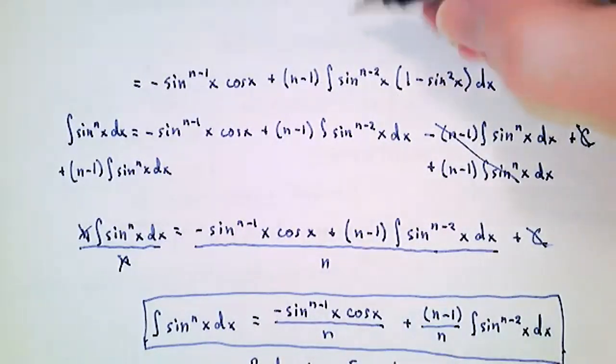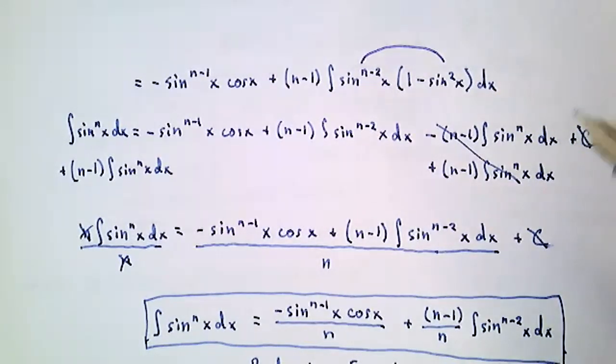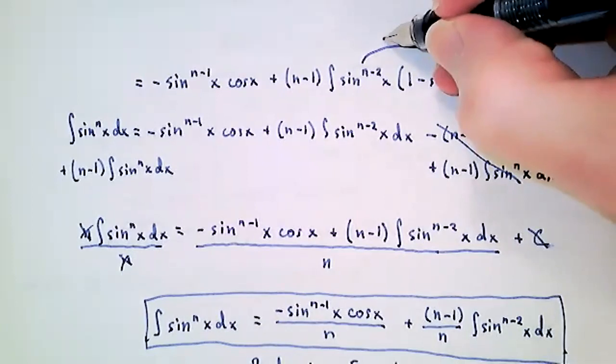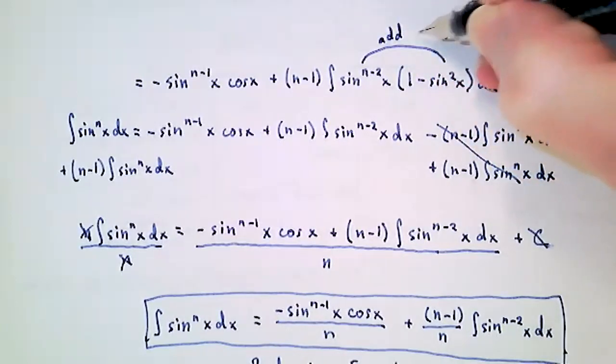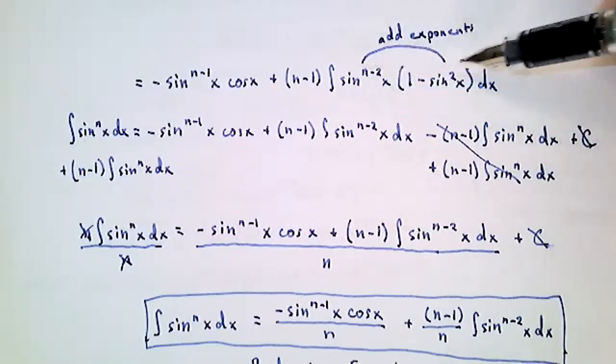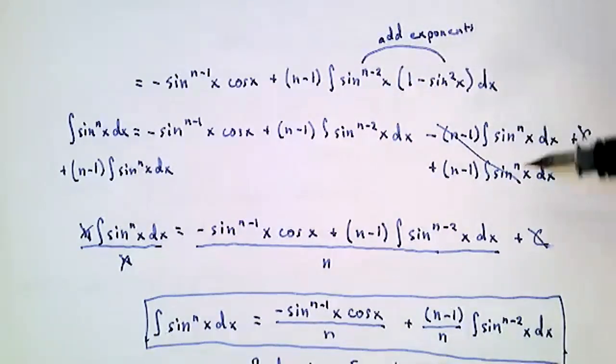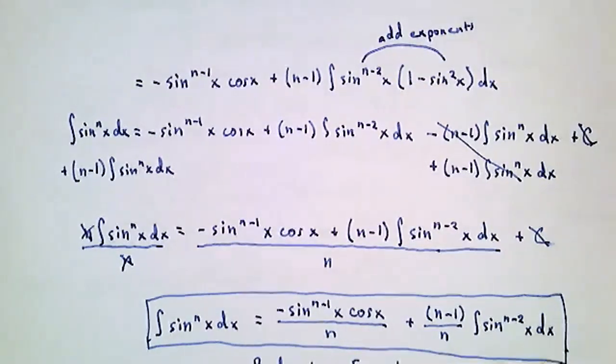So when you multiply sine to the n minus 2 times sine squared, you add the exponents. So n minus 2 plus 2, you get rid of the minus 2. Okay, thank you. You're welcome.